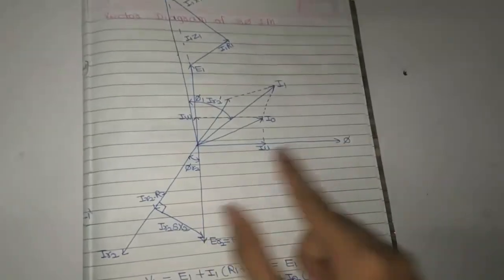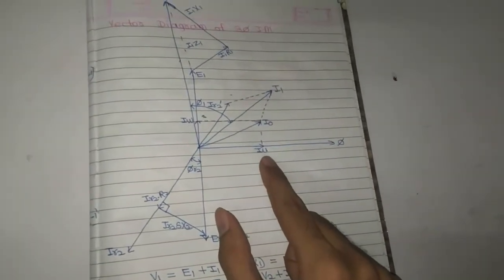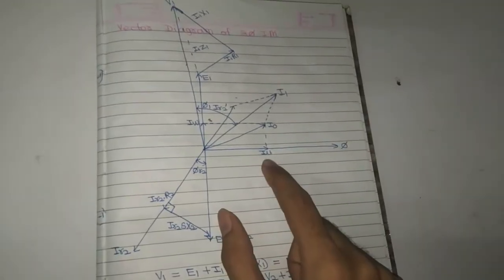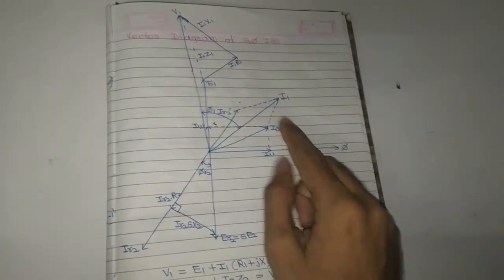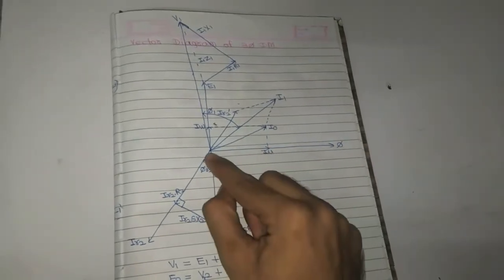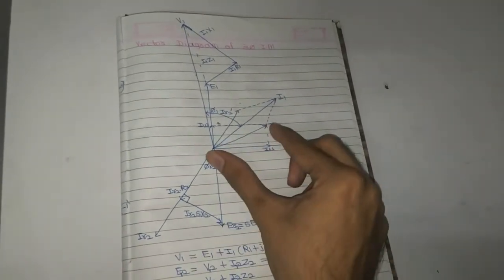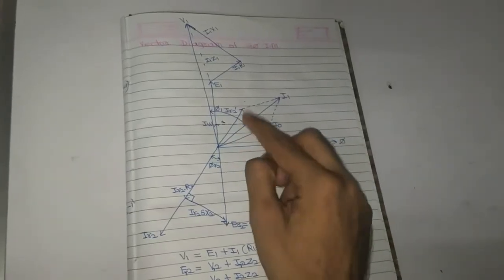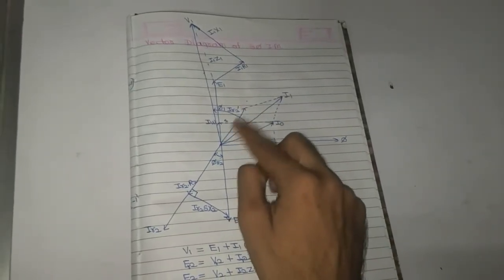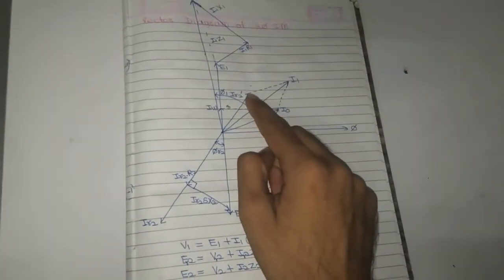So this is the common flux phi, and the magnetizing component of no load current. We have already seen this phasor diagram in the transformer. I0 is the no load current, IW is the working component of no load current, and the resultant of IW and I mu is I0. This is the reflected secondary current IR2 dash.